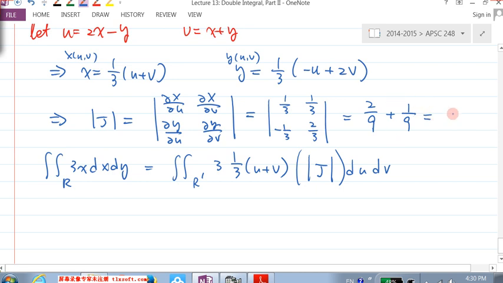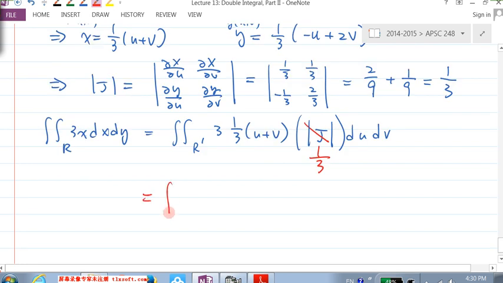So 3/9, 1/3. So this guy here is basically 1/3, right? Then the double integral here, 3 times this is 1, so 1/3. So there's another 1/3 here. So u plus v and du and dv. Okay.